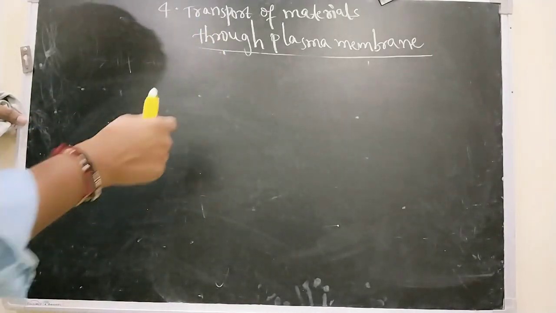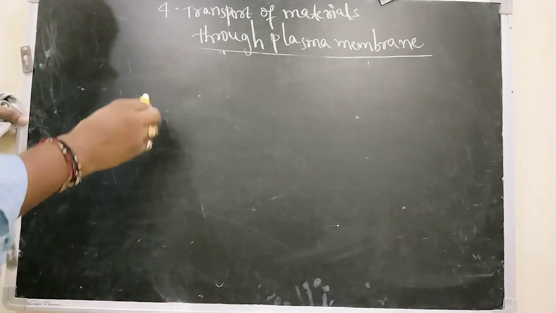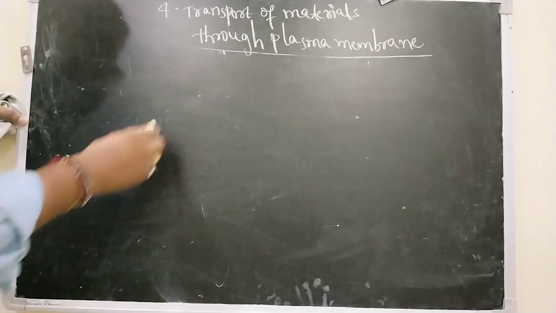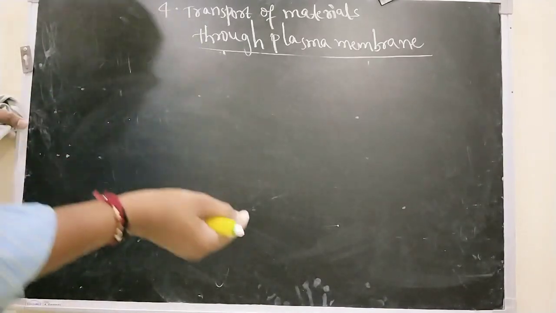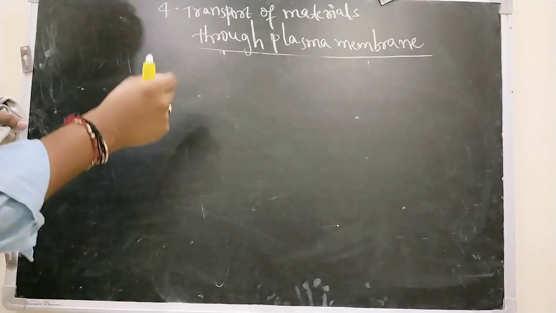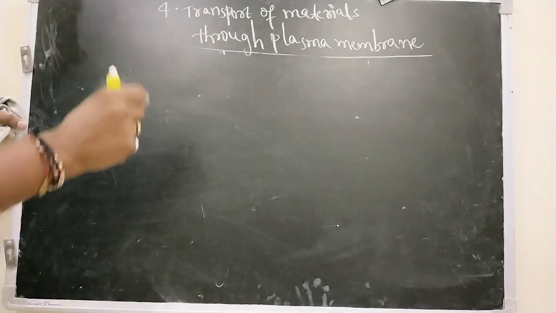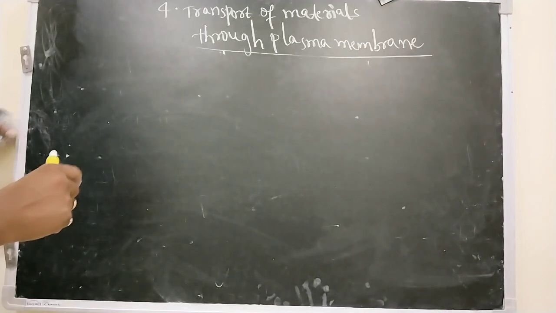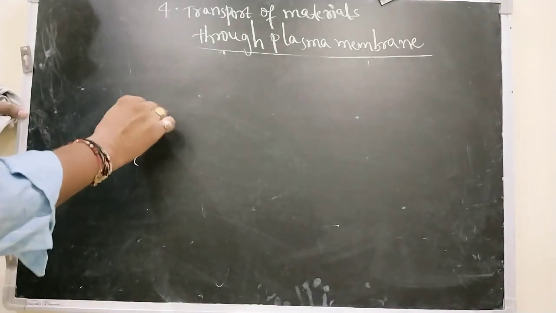And one more activity to explain osmosis. What is that? For this we have to take egg membrane. First of all we have to boil the egg. After removing the shell, we observe there is a thin layer surrounding the albumin. That layer, without breaking, we have to collect.